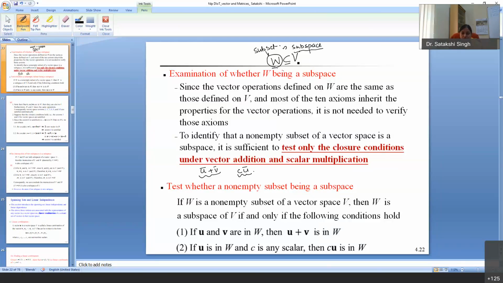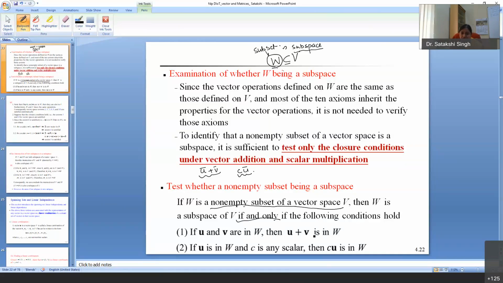So, the test for whether a non-empty subset is a subspace: if W is a non-empty subset of a vector space V, then W is a subspace of V if and only if two conditions hold.